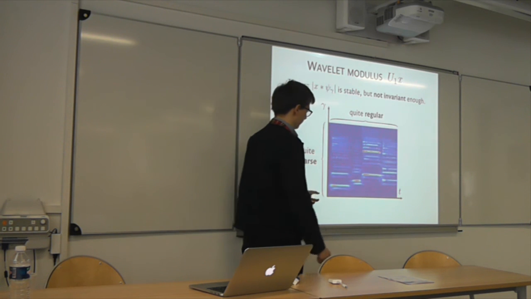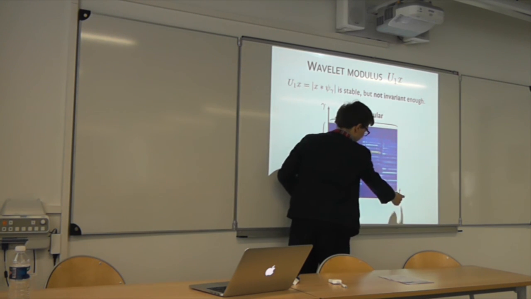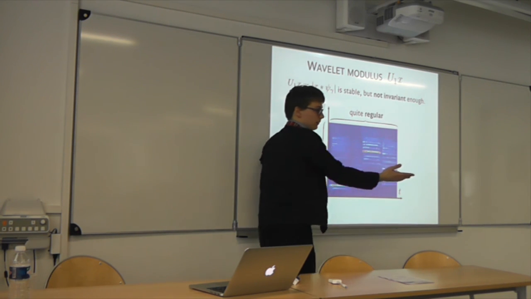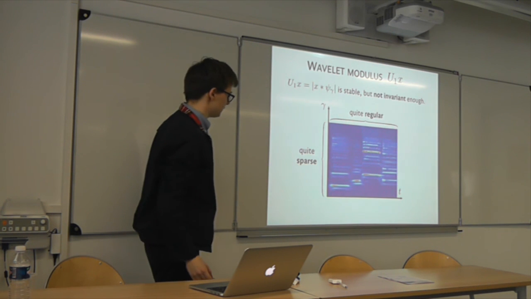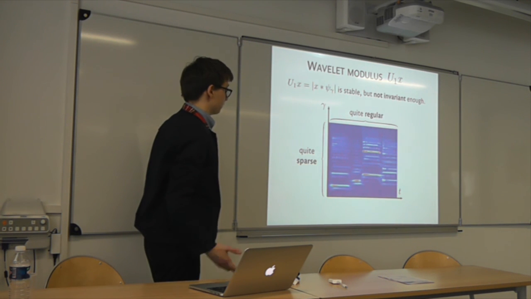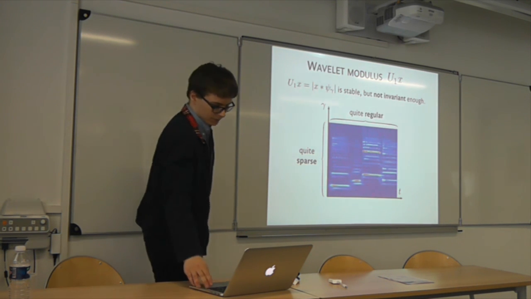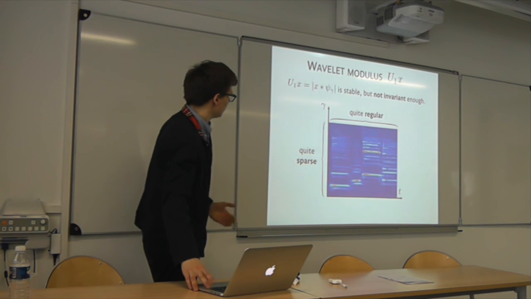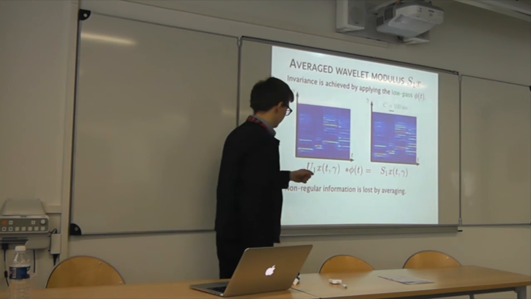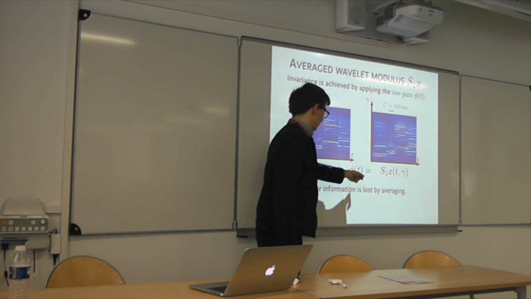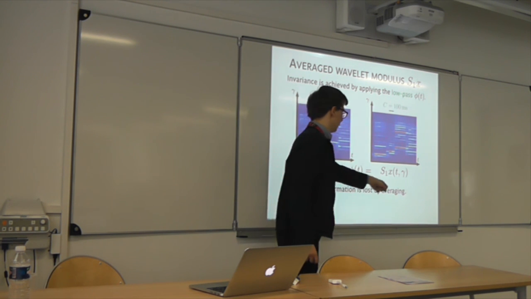Well, it's not invariant. If you wanted invariance up to the whole length of the signal, which is realistic because that's what you want if you want to identify the species, that's not enough, unfortunately. So we put another averaging to it. After taking the wavelet modulus, low-pass filter again, and we call that the S1.